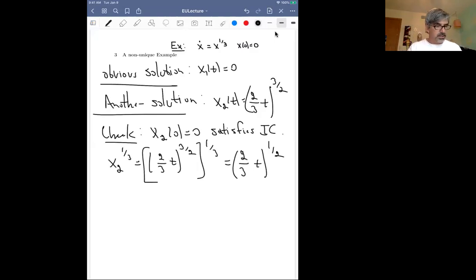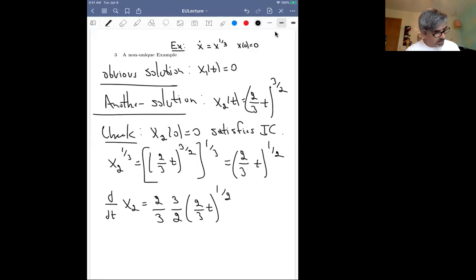So that was just plugging into the right-hand side. On the other hand, the derivative with respect to t of x2 requires the chain rule. I get 2/3, the derivative of the inside, times 3/2 times (2/3 t) to the 3/2 minus 1, which is 1/2. And lo and behold, we got the same thing in both spots. Those are equal. And that is a problem.